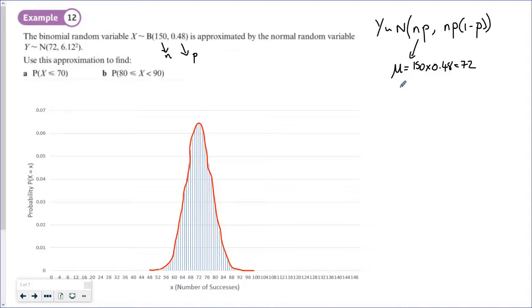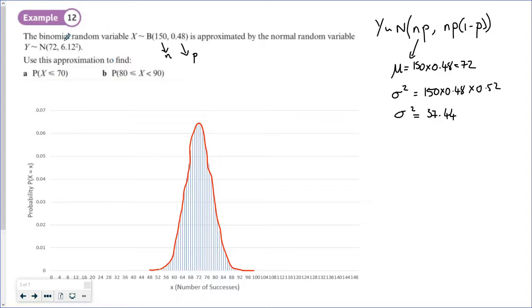And the variance, sigma squared, would be 150 times 0.48 times 0.52.